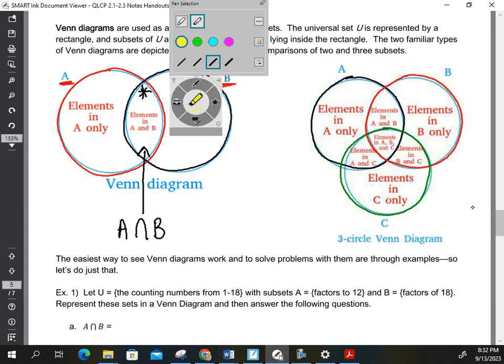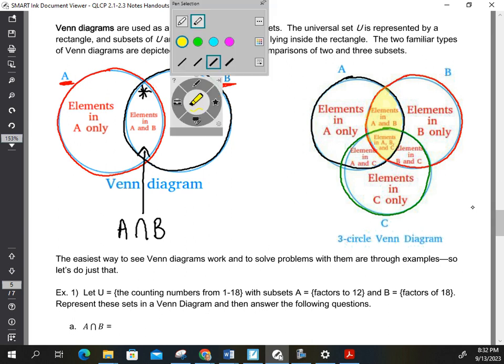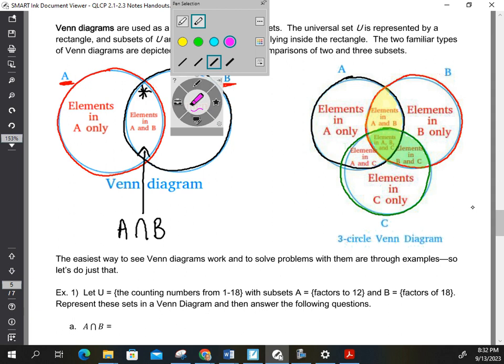If they are in A and B, they're in this oval shape that I just highlighted in yellow. If they're in both B and C, they're in the shape I just put in green. If they are in A and C, they're in the portion that I just highlighted in blue.